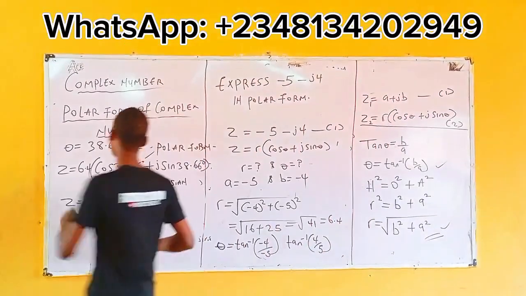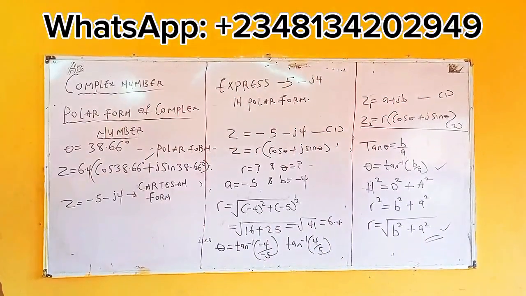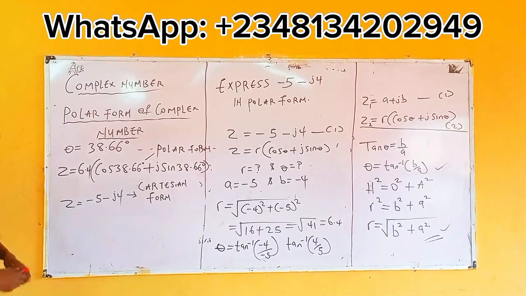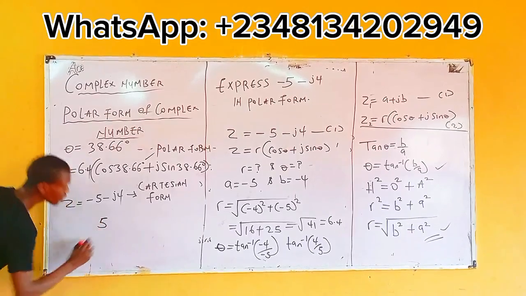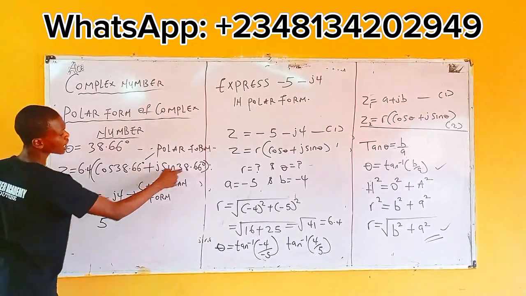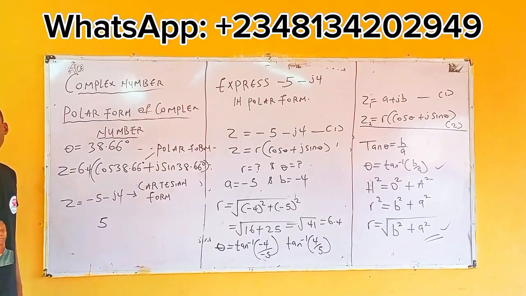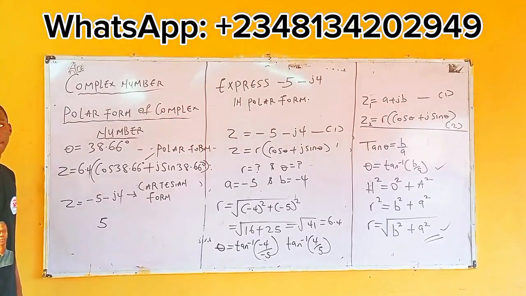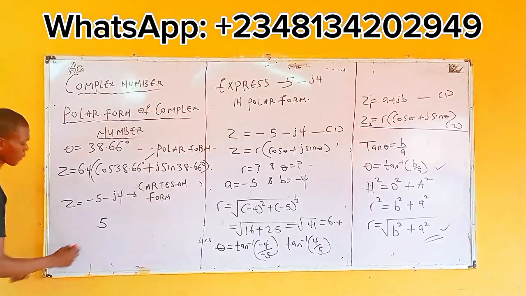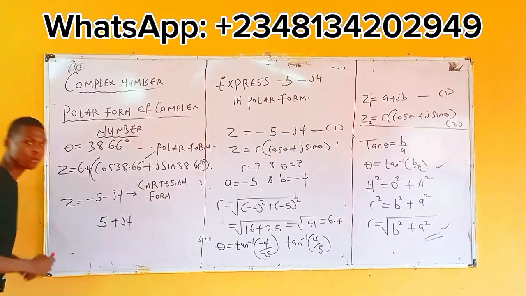You press 6.4 cos 38.66, what do you have? 4.99, approximately 5. You are having positive 5. 6.4 sin 38.66 degrees, what do you have? Approximately 4. Positive j4.